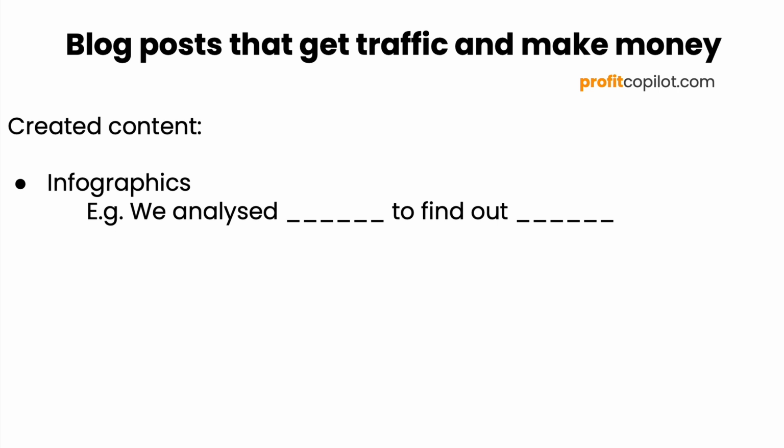So infographics, very popular, very shareable across the internet. And when it comes to outreach and link building, these are very effective too, because it's easy for other bloggers and other webmasters to take your infographic, put it on their website, or share it on social media, and then link to your website as the original source.